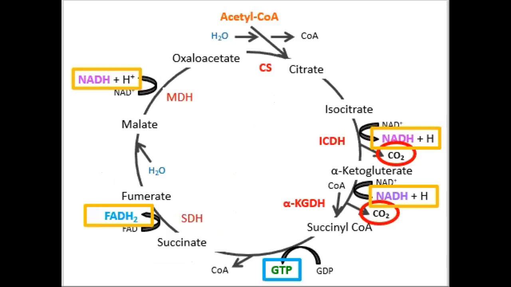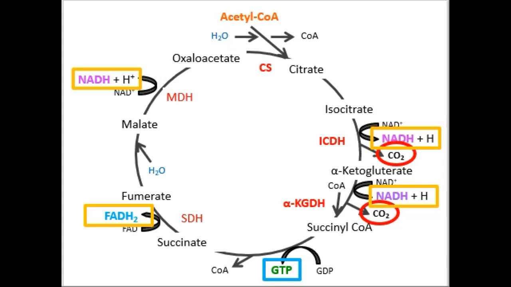So here we have the TCA cycle, and essentially it's just a series of reactions that breaks down the acetyl-CoA molecule. Again, we have acetyl-CoA molecules that we've produced through beta oxidation, as well as the conversion of pyruvate into acetyl-CoA.